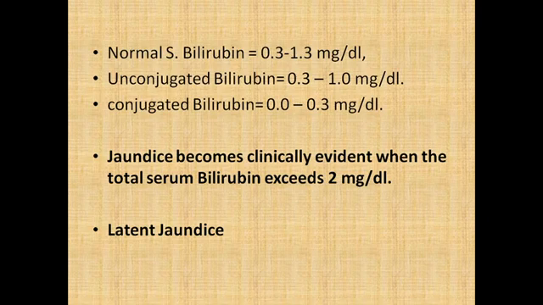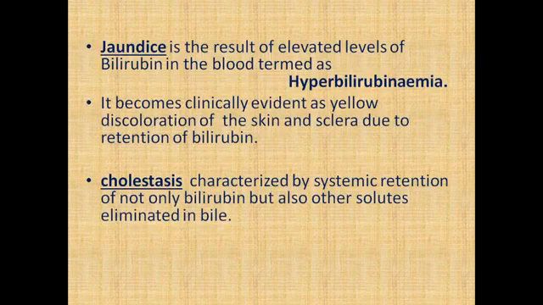Between 1.3 to 2.0 milligram per dl, it is not clinically evident, but by doing lab investigation, you can see elevated serum bilirubin level. It is known as latent jaundice. So, normal value is 0.3 to 1.3, and jaundice is clinically evident when total serum bilirubin is above 2 milligram per dl. So between 1.3 to 2, it is known as latent jaundice.